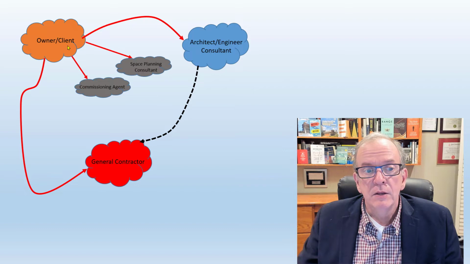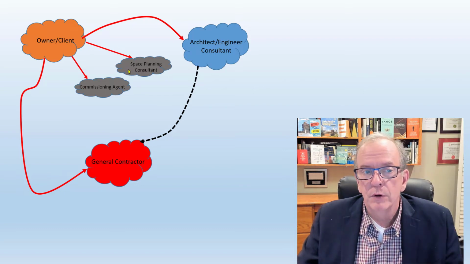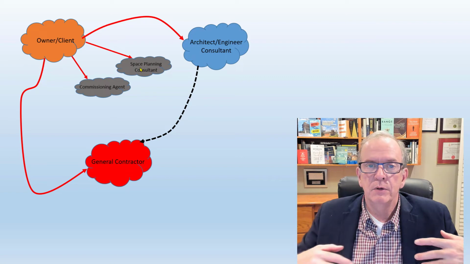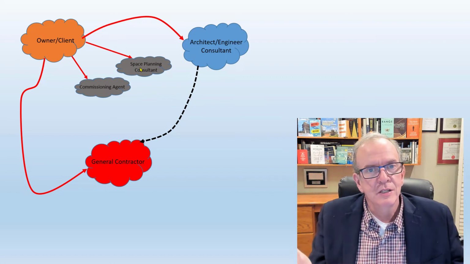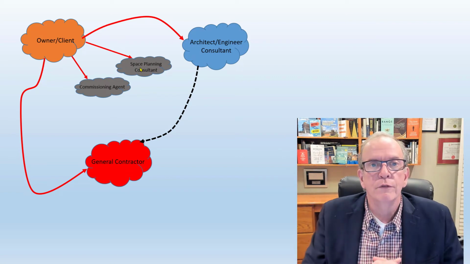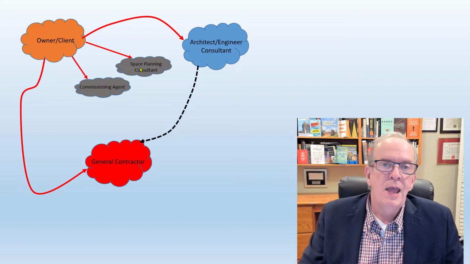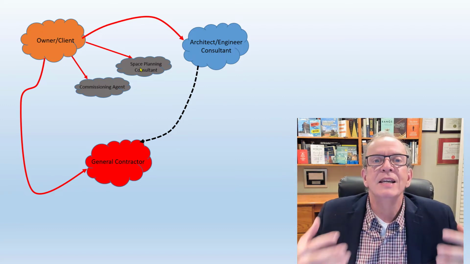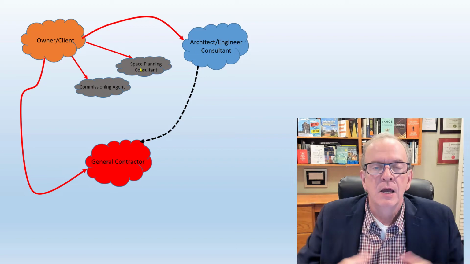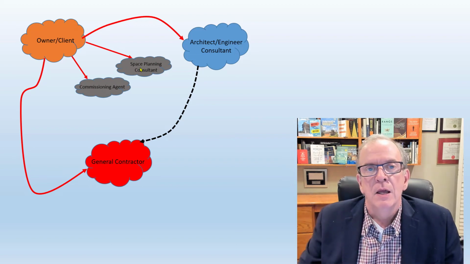The owner client also may have hired a bunch of other people for this process. Maybe preliminary wise, they hired a space planning consultant to give them a really good sense of what their existing space is. I'm thinking like a university or a college facility, and what kind of spatial needs that they require, so that they have a good idea of the square footage, the number of classrooms, for example, labs, etc., that they need to do.